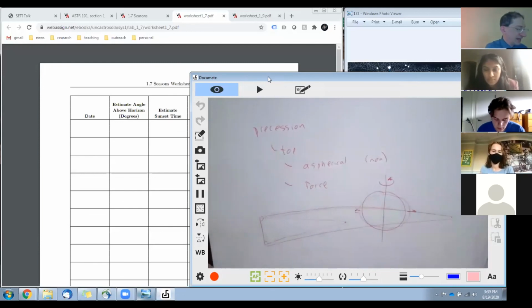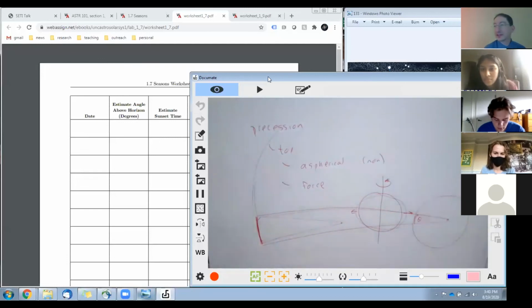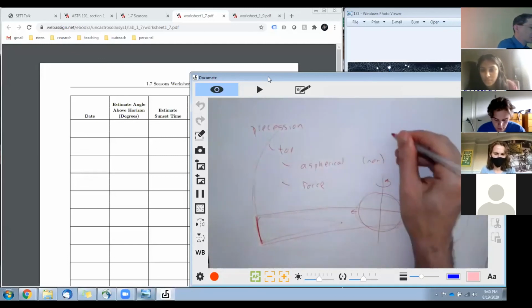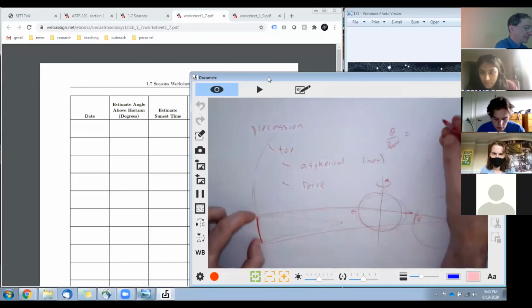Now, in this case, this angle here, theta, as a fraction of 360 degrees, is going to be the same as this distance as a fraction of this giant circumference going around this point.